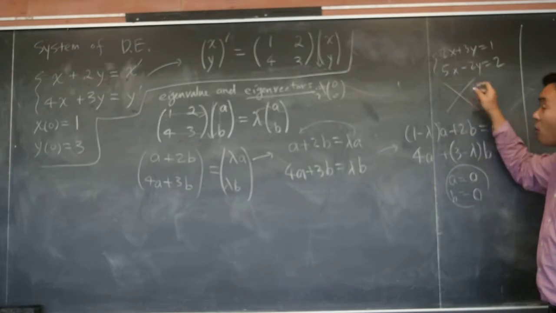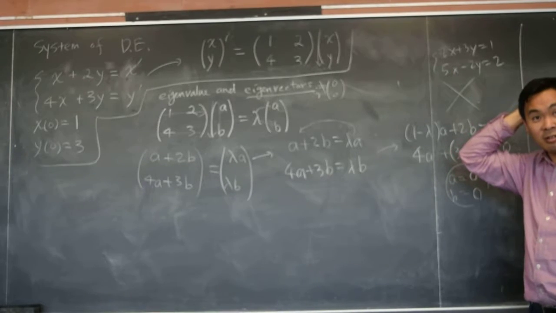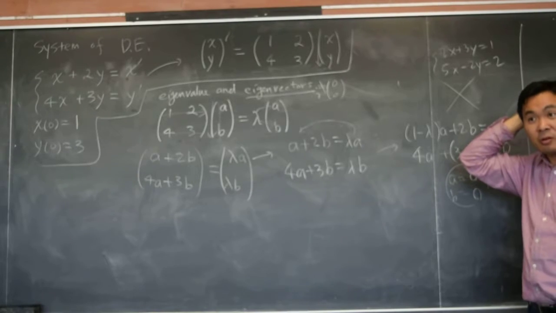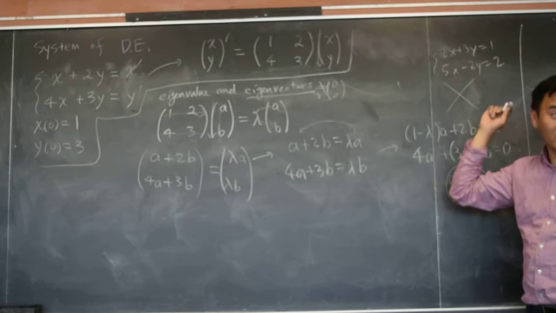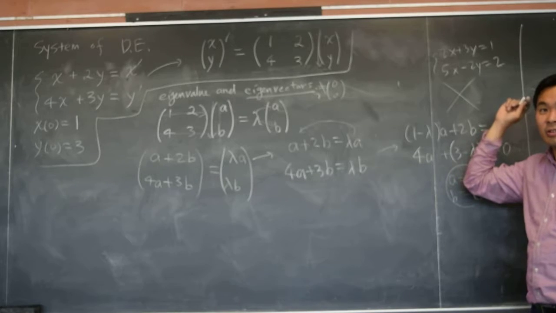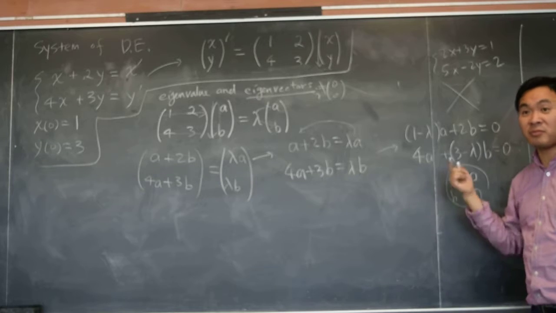Now, is it true that all pairs of lines intersect only once? What else can happen? You can have parallel lines. In that case, no solution. And what else? The two lines could be the same thing. In that case, you may have infinitely many solutions.